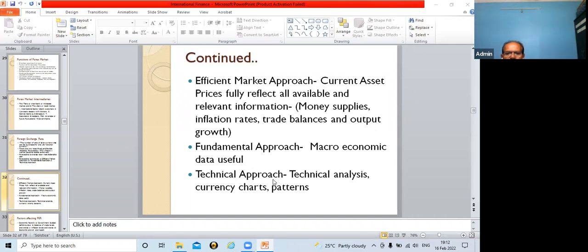So we can say it is a modern approach, and the fundamental is a traditional approach. So traditional covers fundamental, in regard to the modern, which talks about the technical approach.